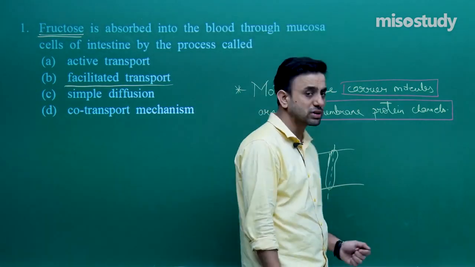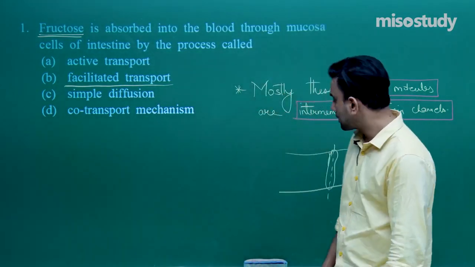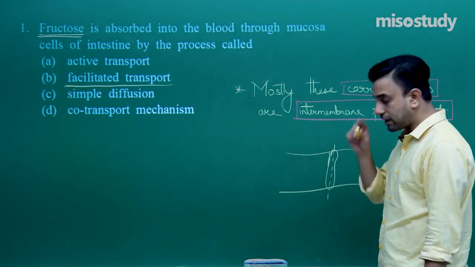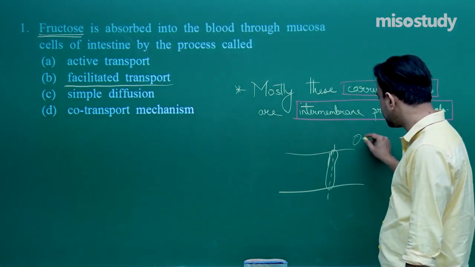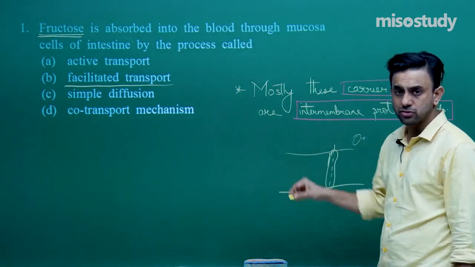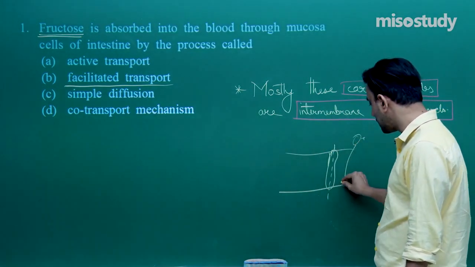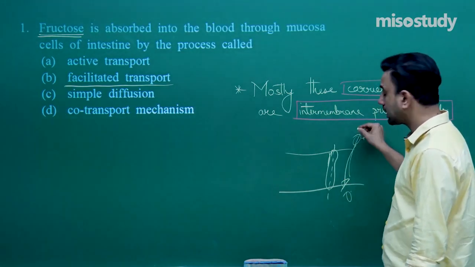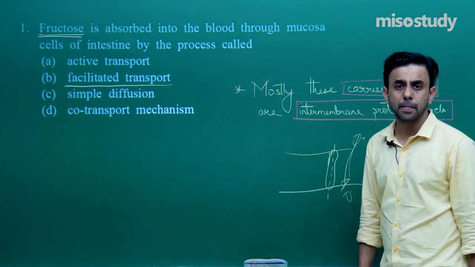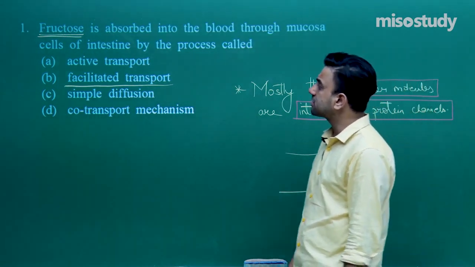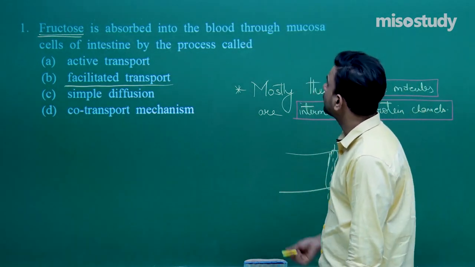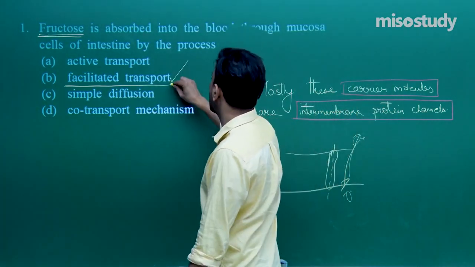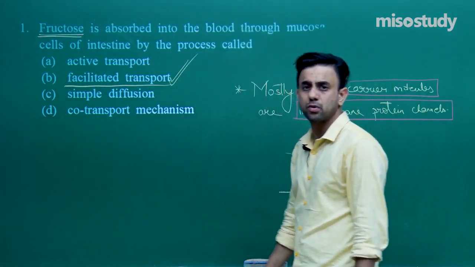Sometimes there will be protein molecules over here, and these protein molecules will bind to the substance which has to be transported, carry it across, leave the substance, and then get back after unbinding, right. So fructose is absorbed into the blood through the mucosa cells of the intestine by facilitated transport.